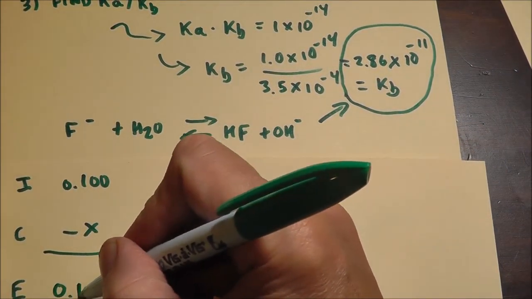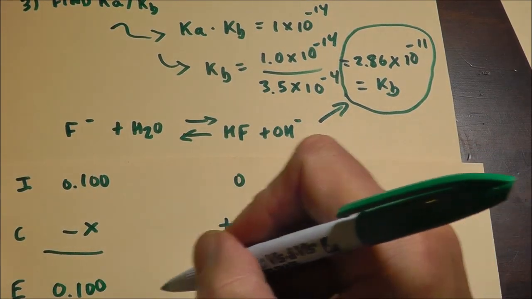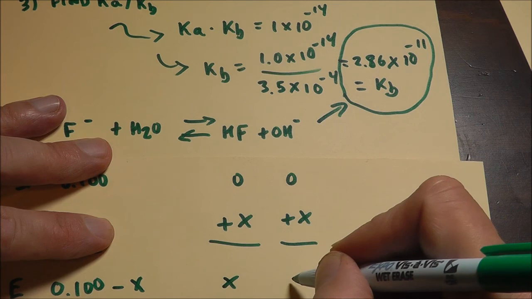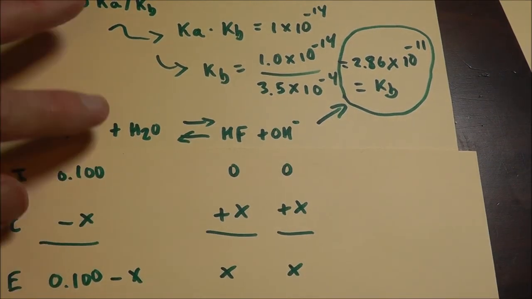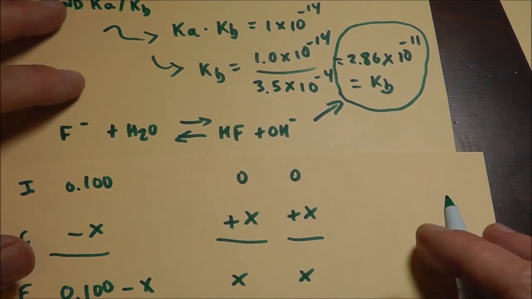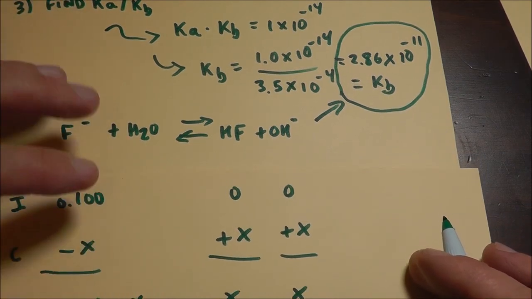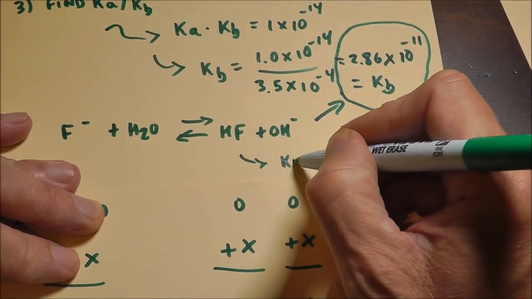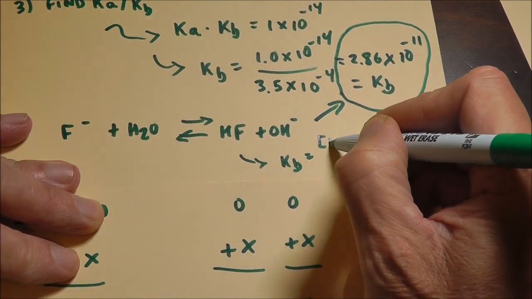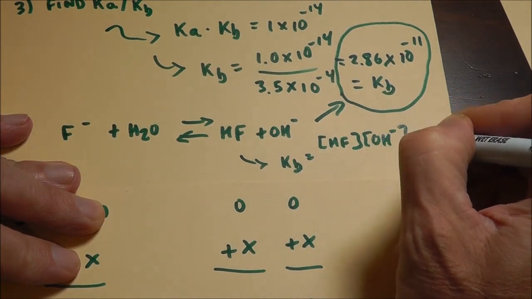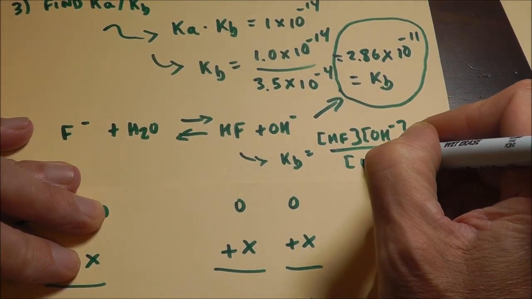So 0.100 minus X, X, and X go into the Kb, which, by the way, for this thing, I'll write it here. Kb is the concentration of HF times OH minus divided by F minus.